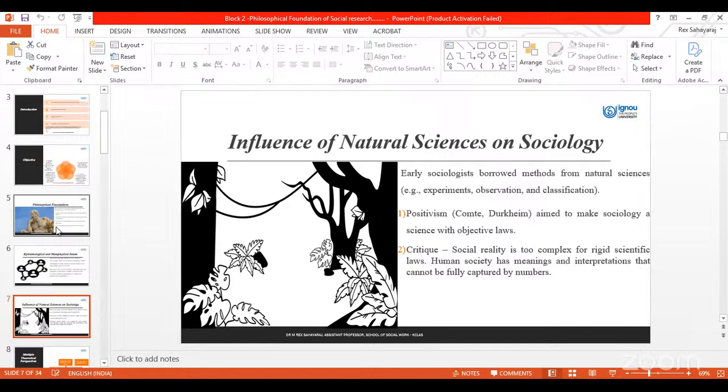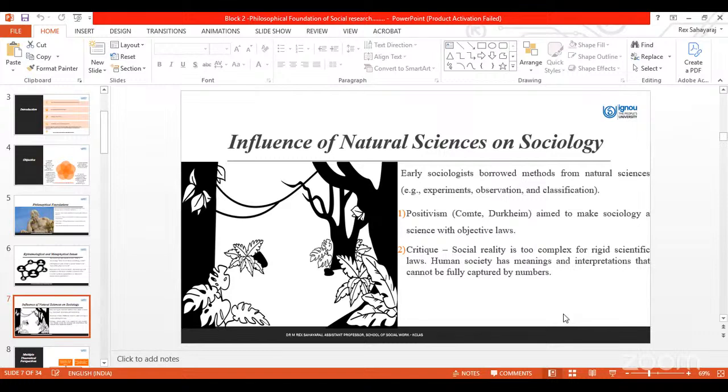Positivism speaks about making sociology a science with objective laws. And the critics, when they criticize positivism, said social reality is too complex for rigid scientific laws. We cannot make any rigid way to conduct the research.